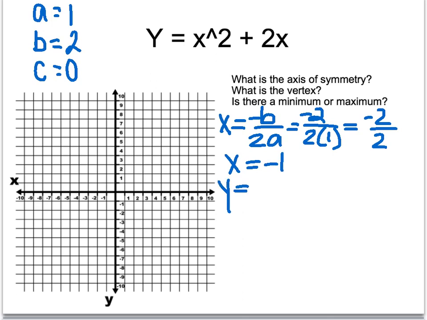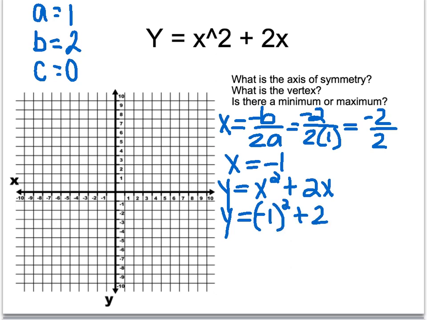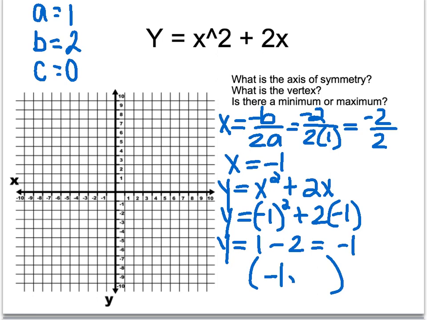We're going to plug that into our equation, and we get y equals negative 1 squared plus 2 times negative 1, which gives me 1 minus 2, which is negative 1. So the vertex is negative 1, negative 1.